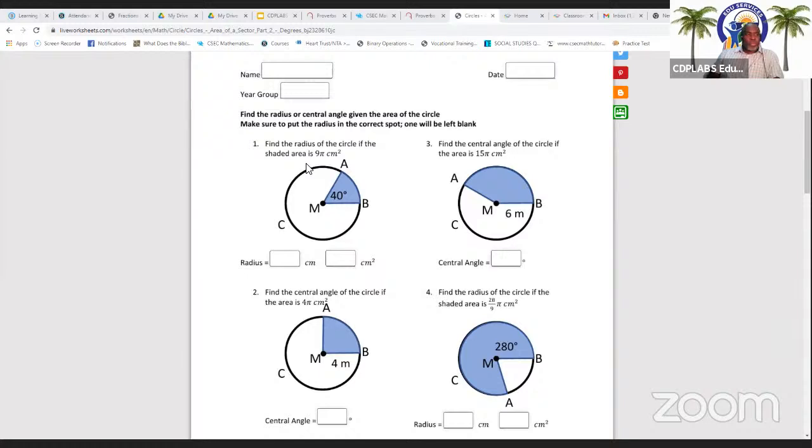Good. Now, when they say 9 pi square centimeters, what do I mean by that? What does this expression mean?